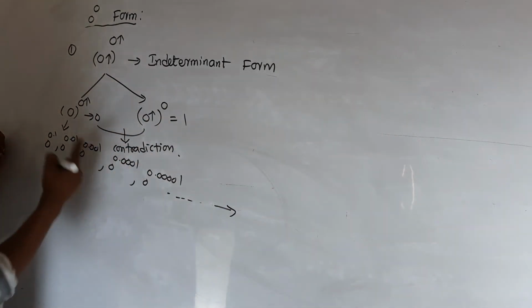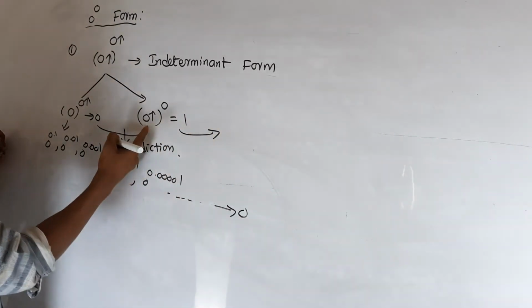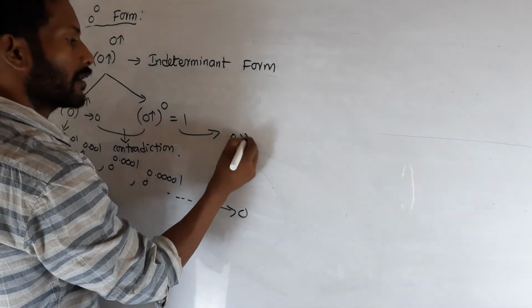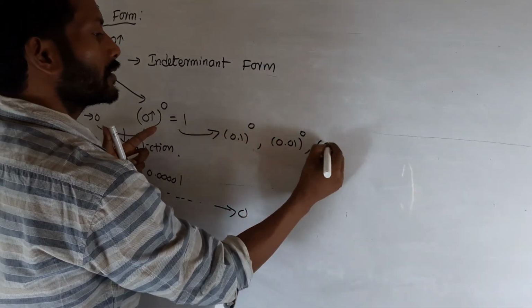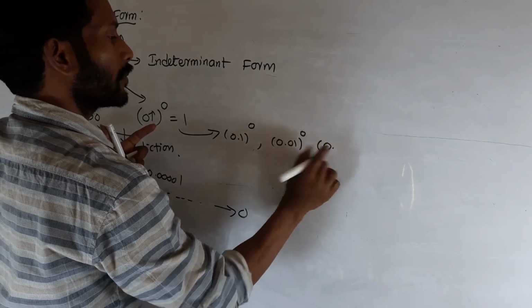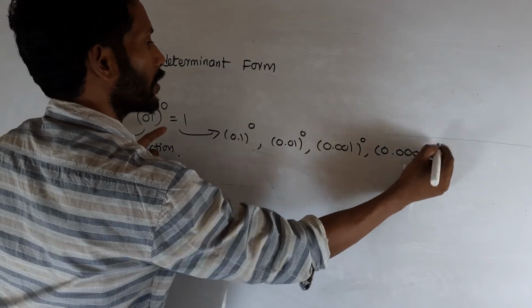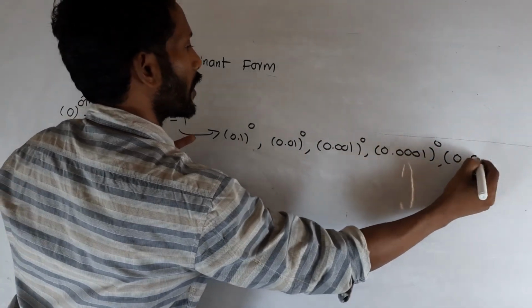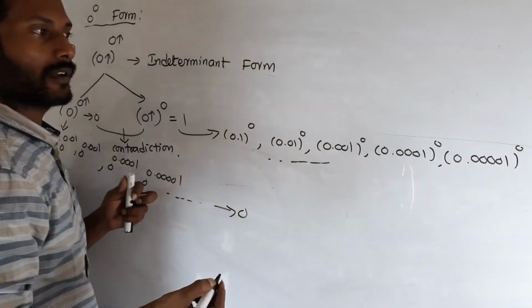Base is exactly 0, 0 power anything is 0. This one, base approaches 0: 0.1 whole power 0, 0.01 whole power 0, 0.001 whole power 0, 0.0001 whole power 0, and so on.